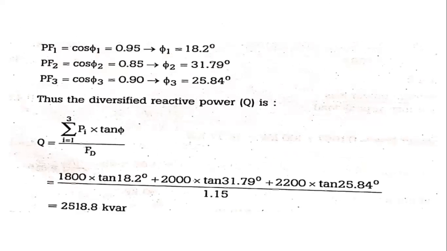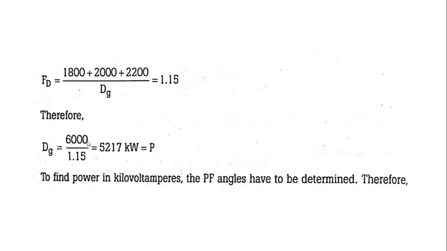Okay, what is that dg value? This is dg, the real power. Di is the 6,000, that is 1800 plus 2000 plus 2200.